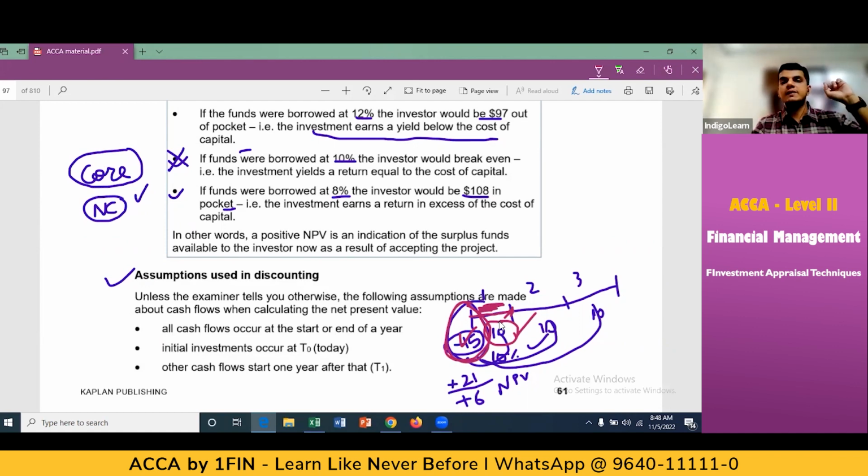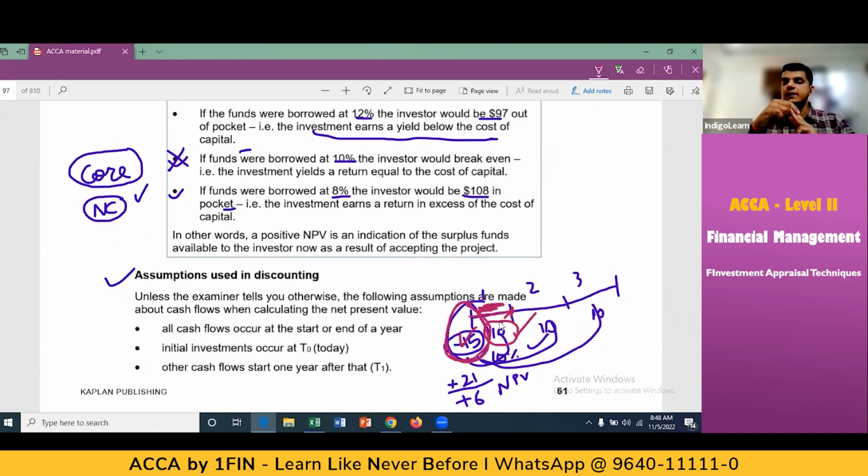If something specific is given in the question, that cash flow starts from the beginning, then you have to take the assumption accordingly. So obviously, while calculating NPV, there are three assumptions: that cash flow is earned throughout the year, but we'll assume that it is earned either at the end or beginning. If nothing is given in the question, then you will always assume that the cash flow is earned at the end of the year.